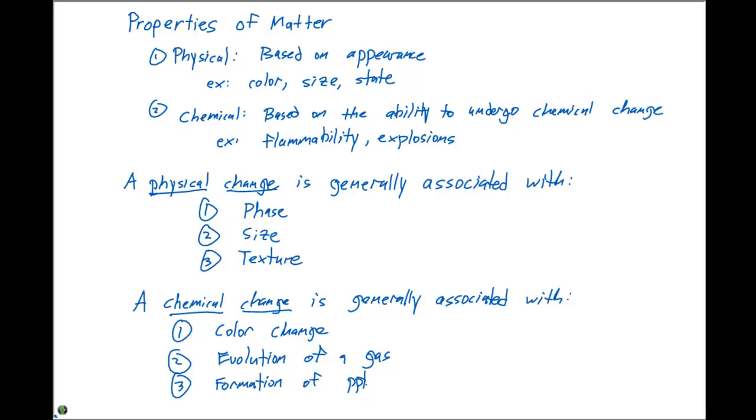So from here, we can say that we can try to divide matter into different categories. So based on its physical properties, we can classify matter as a pure substance, or a mixture.